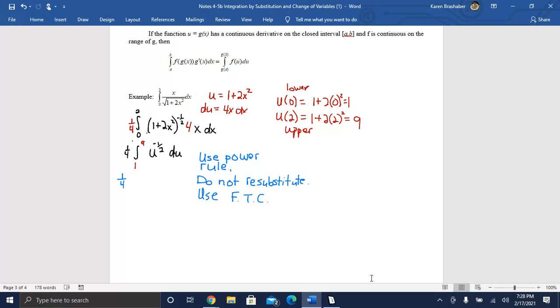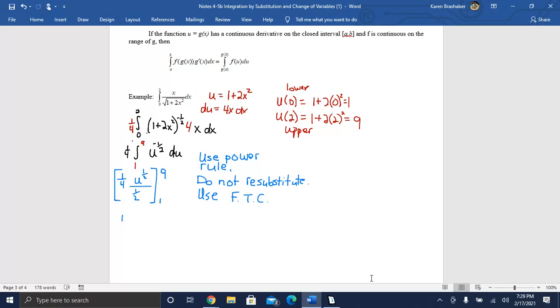All right, so let's do the power rule. So we have 1/4, and then for u we add 1 to the negative 1/2. That's going to make 1/2 over 1/2, and then this is evaluated from 1 to 9. I'll simplify that.